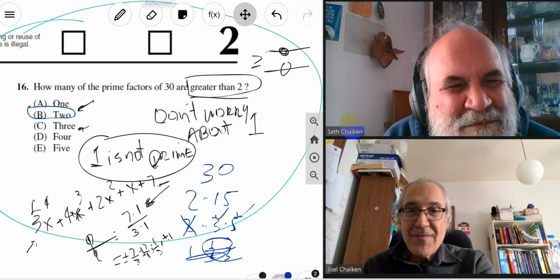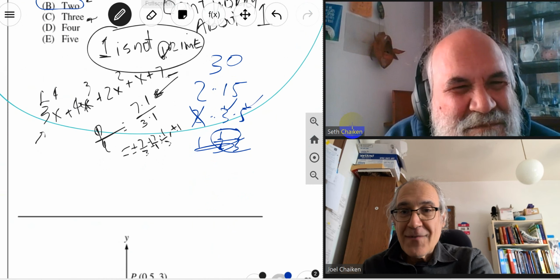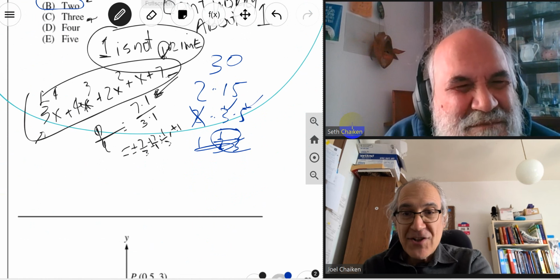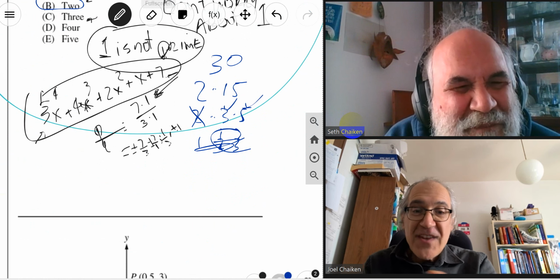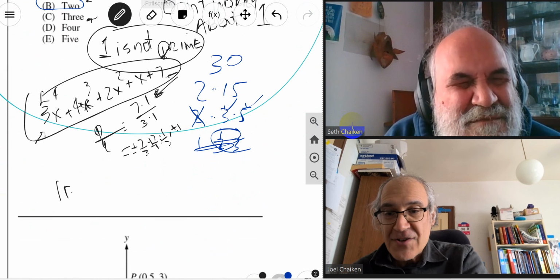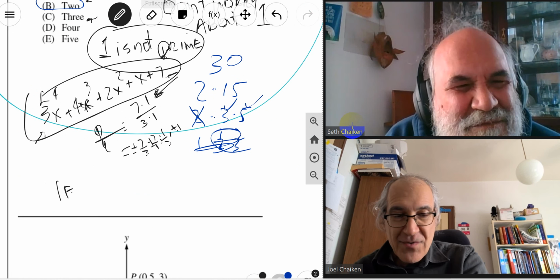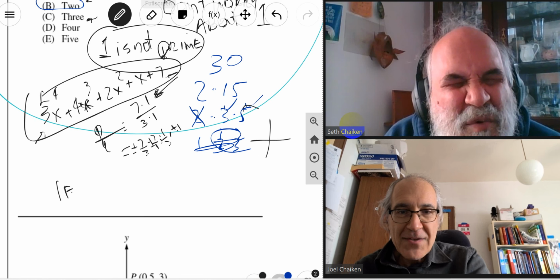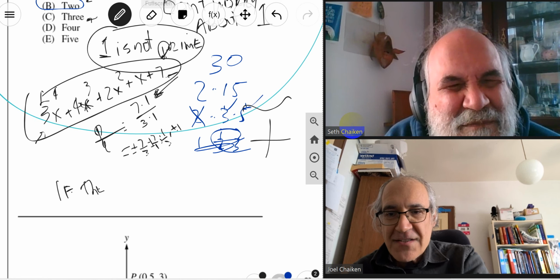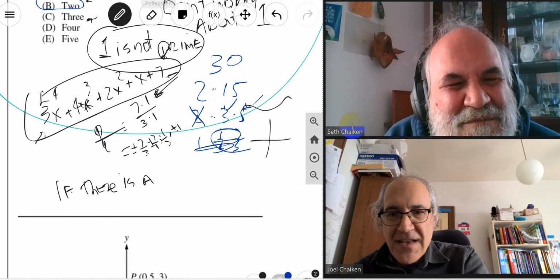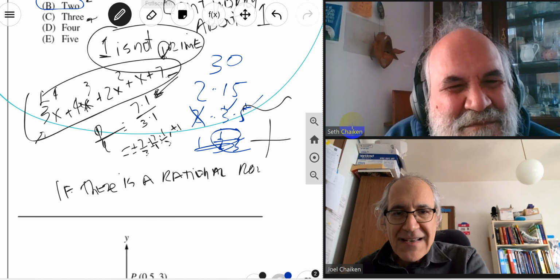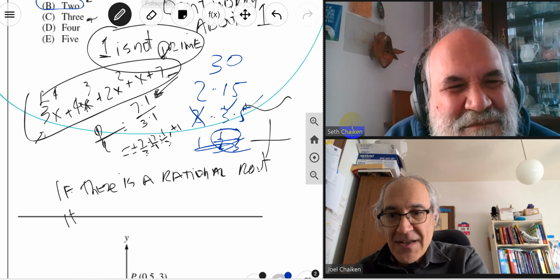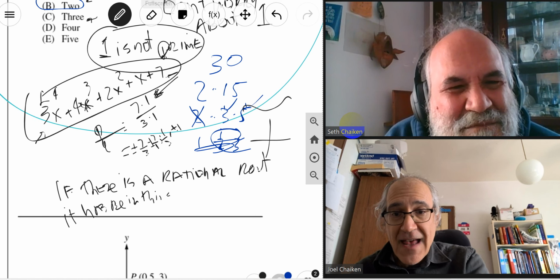Yeah. Okay. The rational roots theorem says that if you have a polynomial like this, it has to be a polynomial with integer coefficients. If there is a rational root, now this is a 4th degree equation that may not have a rational root, but if there is a rational root, then it has to be in this set.